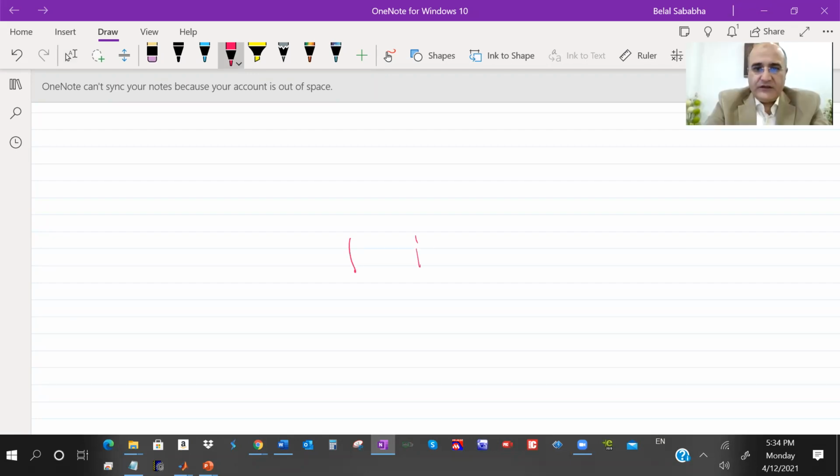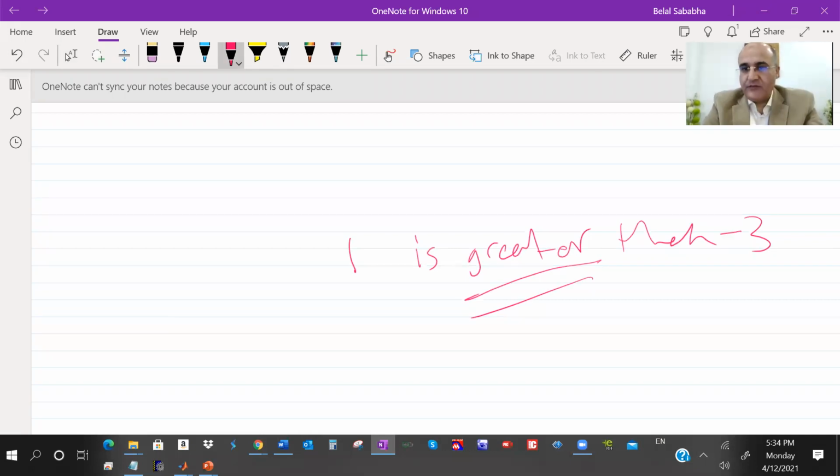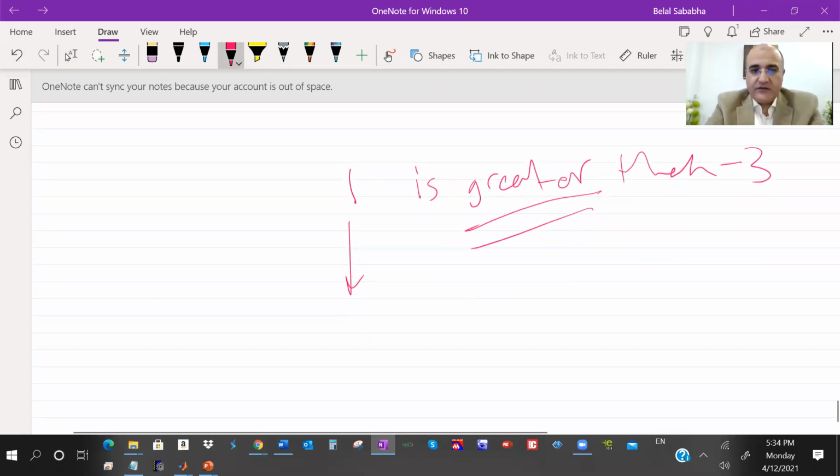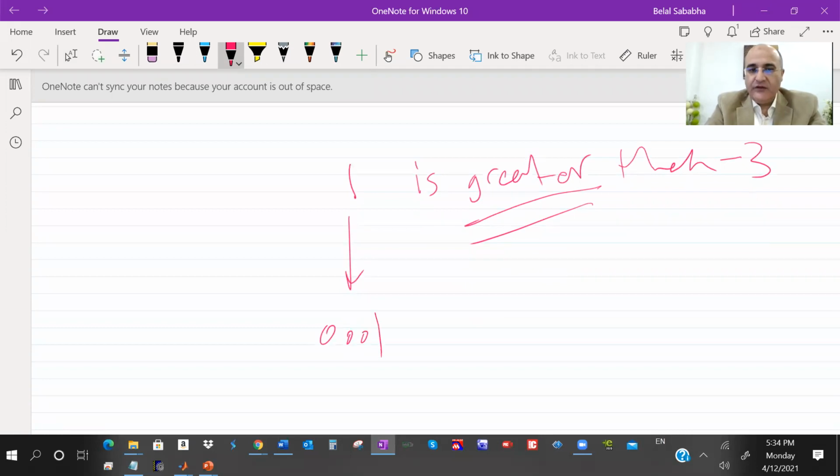One is greater than -3, right? Greater, because they're signed numbers. One is 0001.